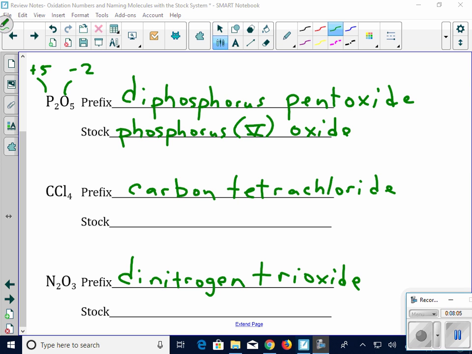Okay, so here, I need to get my oxidation numbers. -1 plus 4, correct? So I'm going to have carbon 4, and 4 is IV.